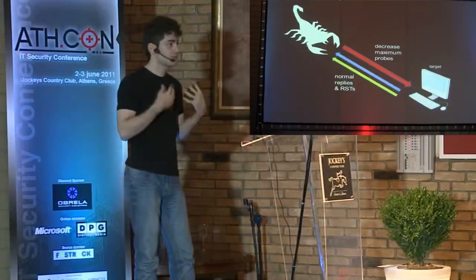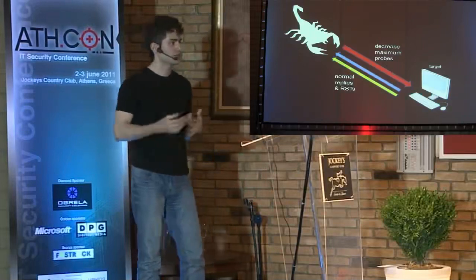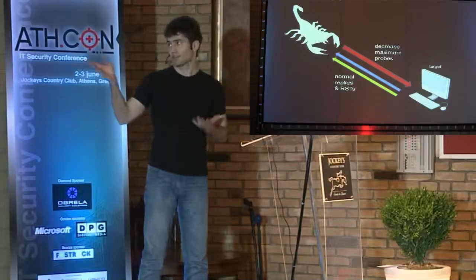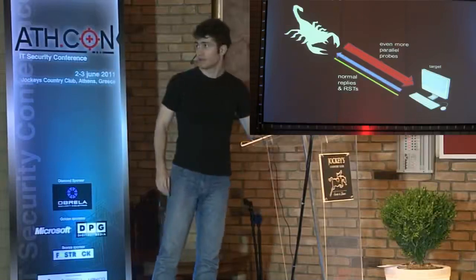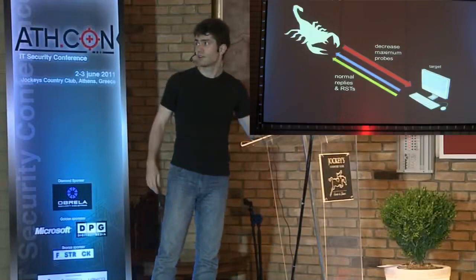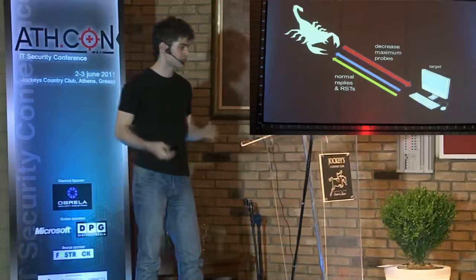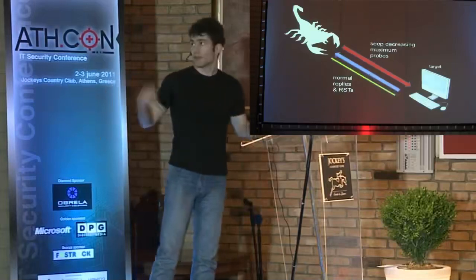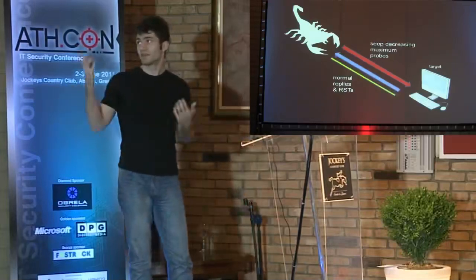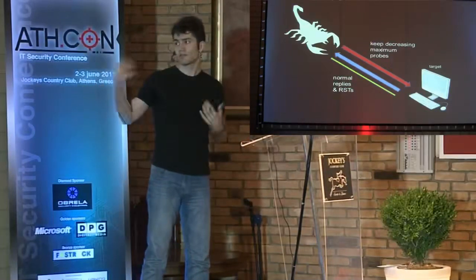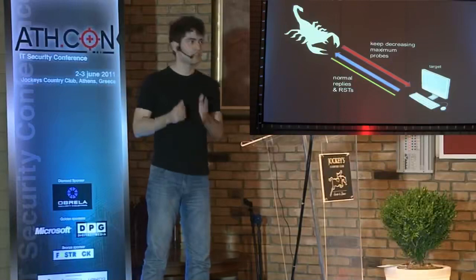Then when Ncrack sees that, it immediately decreases the maximum parallel connections. You can see it here in comparison with this, which was the previous slide. But of course, resets will keep increasing at that time. Ncrack will then keep decreasing the maximum probes, and slowly the resets will diminish back to zero.